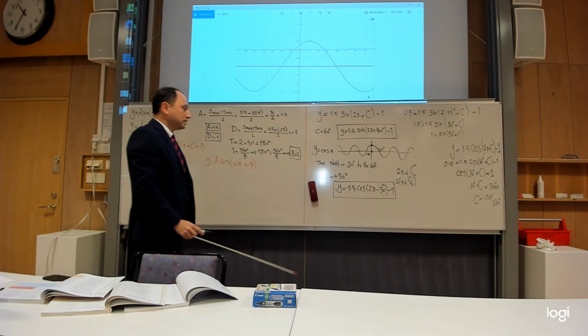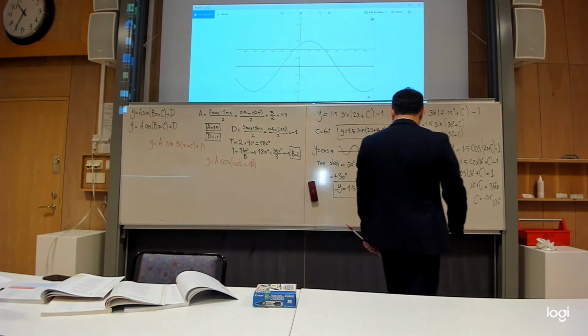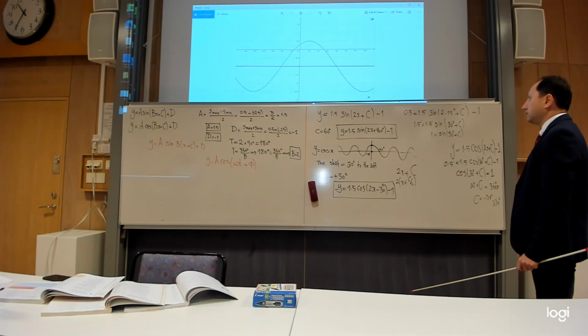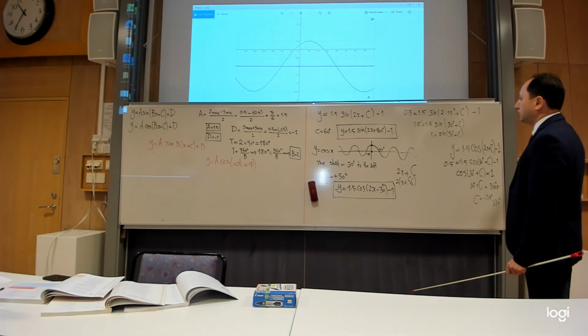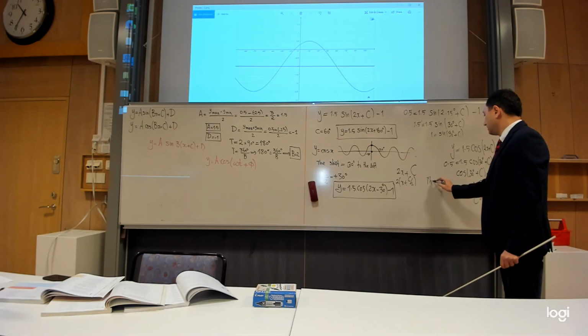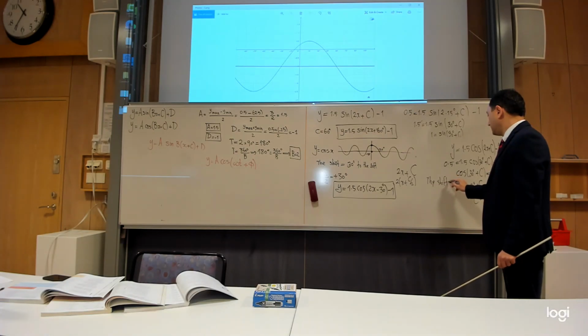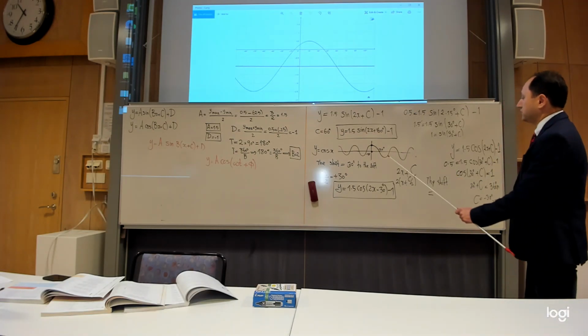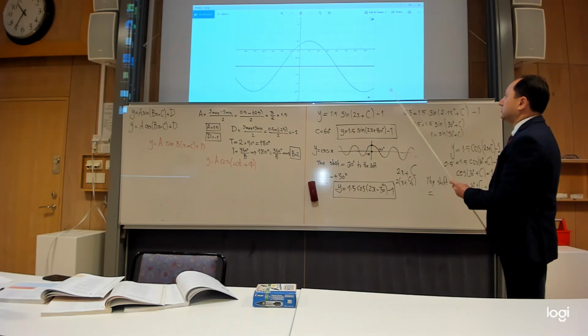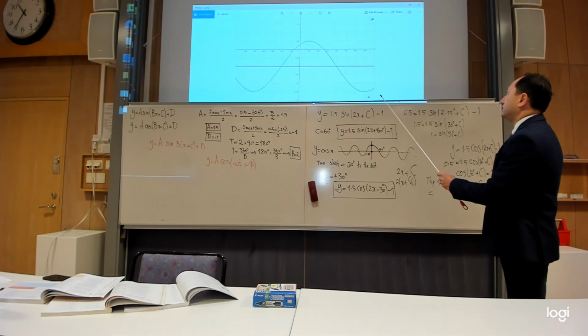So the amount of shift is 30 degrees to the left. Let me just repeat it myself. The normal 0 is at 90, but instead I have my first 0 at 60.